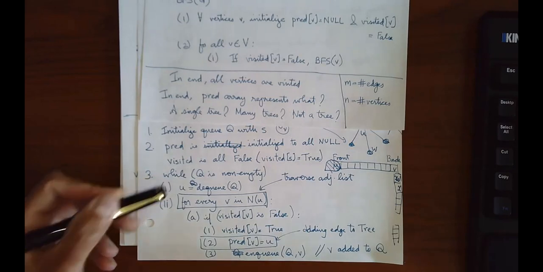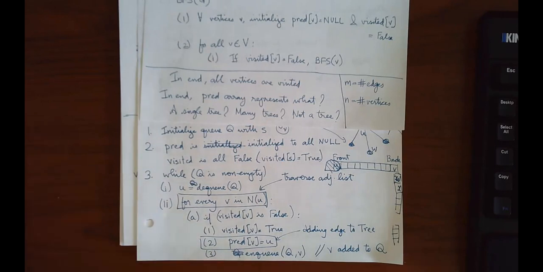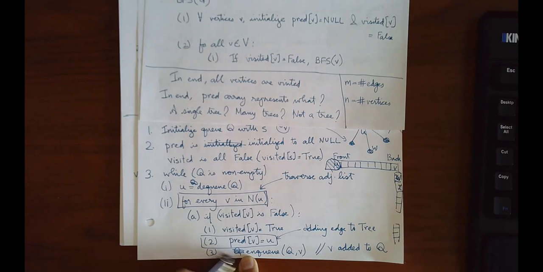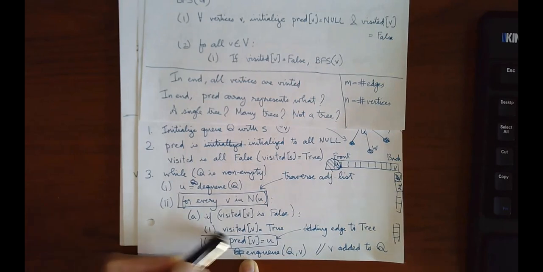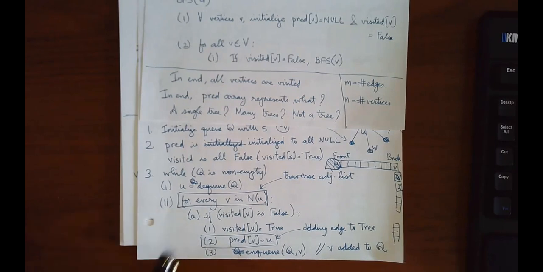Now, a vertex enters the queue only once, and when it goes into the queue, visited becomes true. And that can only happen once because you never reset visited. Once visited becomes true, it's in the queue, and when it gets DQ'd, its list gets traversed, and that's it. So it's traversed only once.